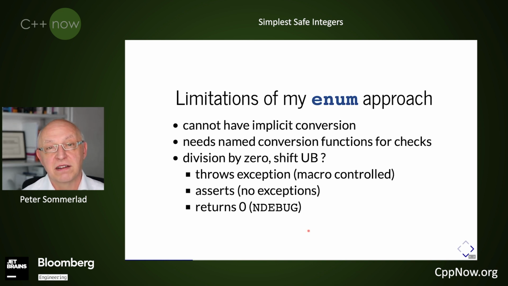The disadvantage is that we don't have constructors for enums. We need conversion operators, explicit named conversion functions that might need to check if the conversion is actually valid and desired and wouldn't lose any information, so it's not narrowing.